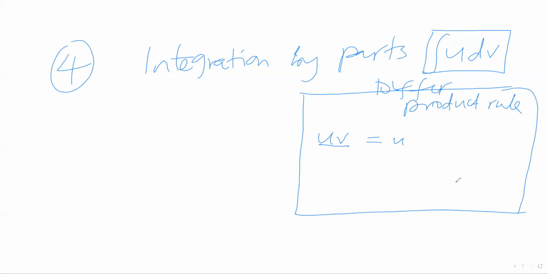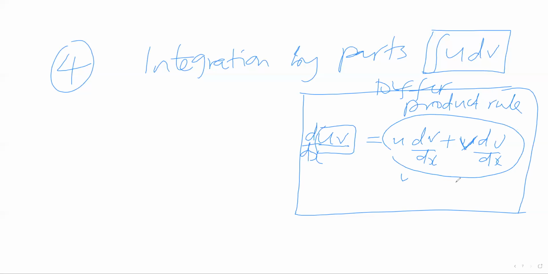If you remember, it was u dv dx plus v du dx. I'm just taking you back to the product rule. If we are differentiating something of this kind, we use this method. We even write it as uv prime plus vu prime.